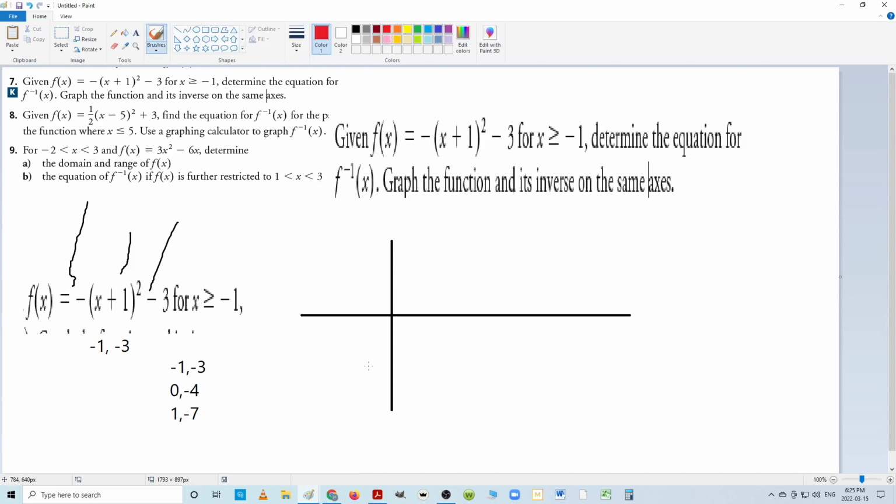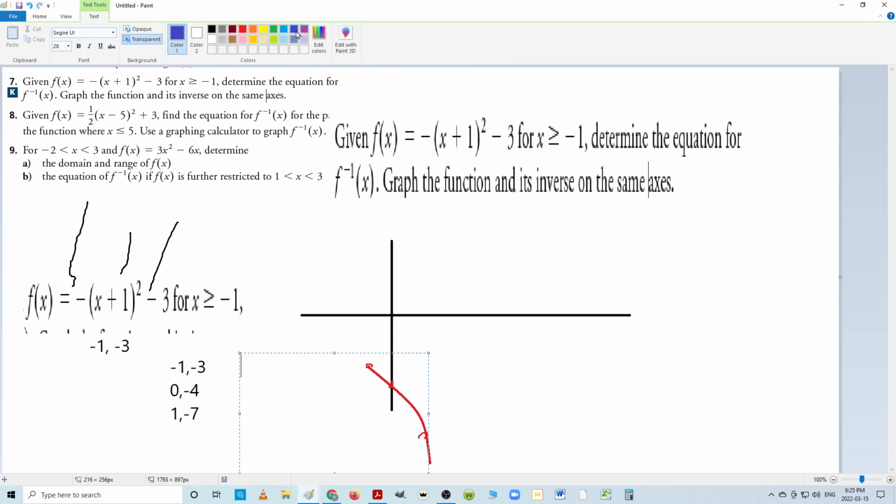So it'll be here, facing down here, and then it'll be something like this. And then to plot the inverse, they want me to figure out the equation, but I can grab some inverse plot points right here.